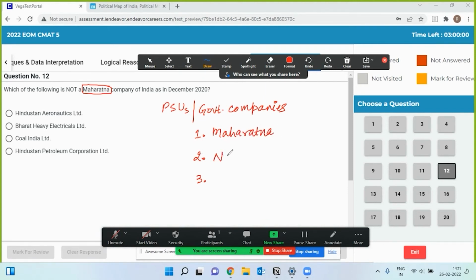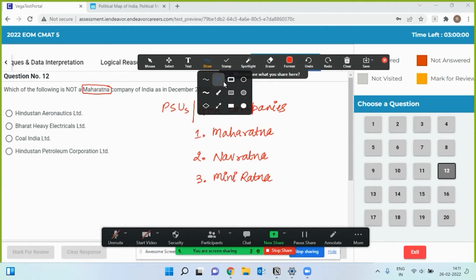Correct? So these are the three categories of government companies in India depending upon their annual turnover and also their net profit. So let me tell you, for a company to be declared as Maharatna, its turnover must be more than 25,000 crore rupees per annum and net profit should be more than 5,000 crore rupees per year.